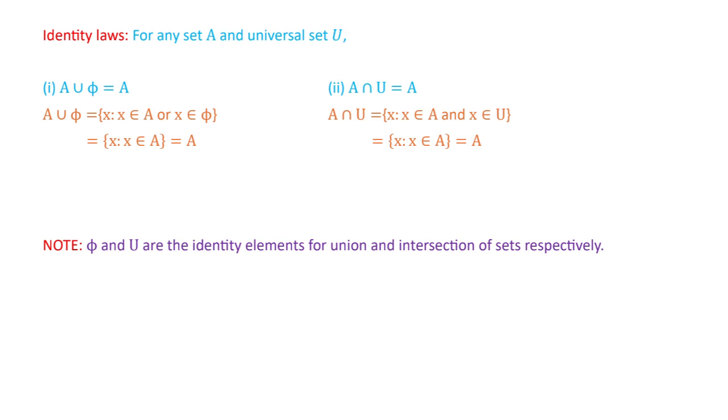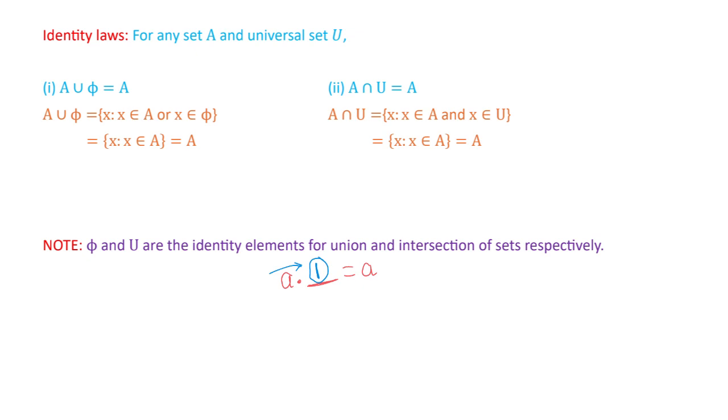As in the case of numbers, when we talk about the real numbers, there is a number A such that if we multiply this number by some real number and obtain the answer equal to A, then that number is called the identity. In the case of real numbers, we have A into 1 is equal to A. So 1 is the identity element for the set of real numbers.